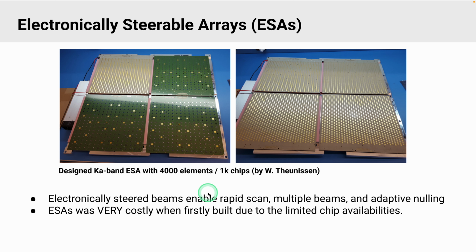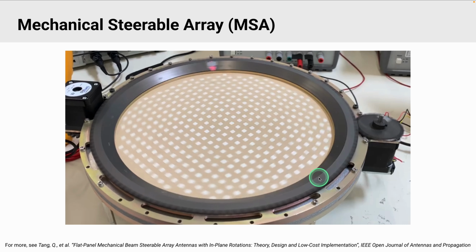Each chip can easily cost tens of dollars, and one array can easily use hundreds or thousands of them. Therefore, we chased an alternative solution, which is mechanical steerable arrays, or MSAs, having beam steering capabilities with only mechanical rotation, as well as keeping the form factor low profile.